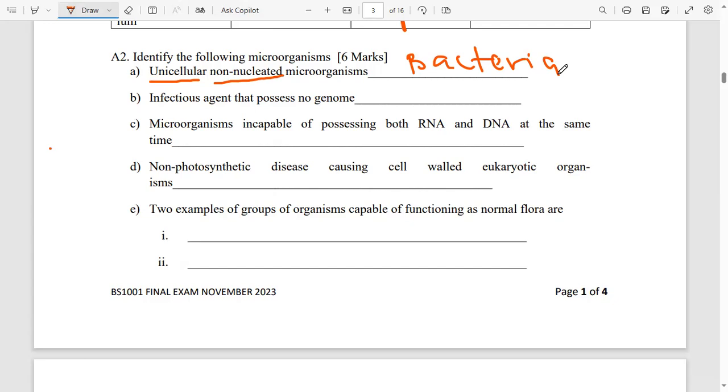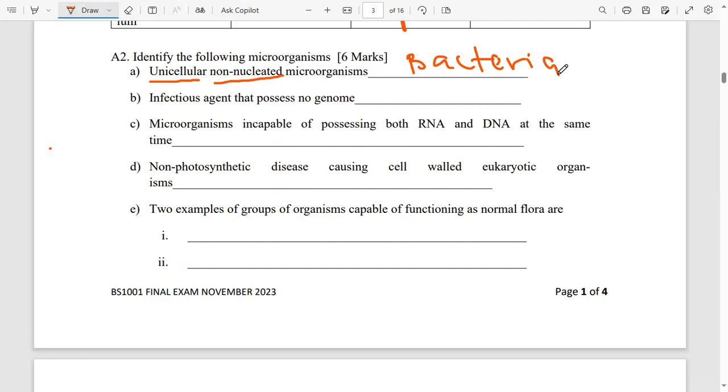And then B, they're saying what organism is an infectious agent but does not possess any genome. Genome simply means the DNA. So what microorganism is an infectious agent but does not possess any DNA? Okay, this is a very common question.